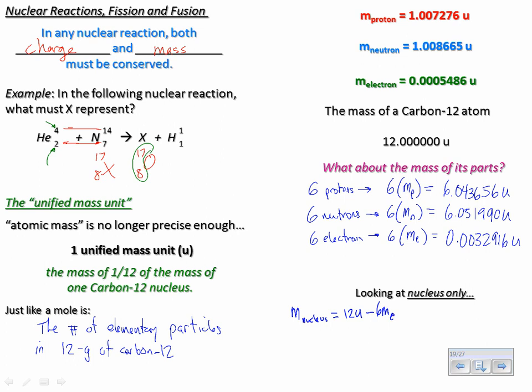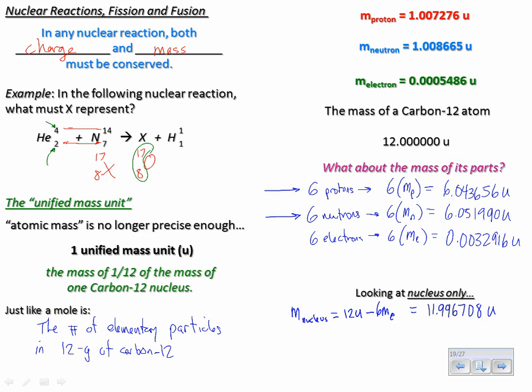So 12 minus 0.0032916, and that's 11.99678 unified mass units.